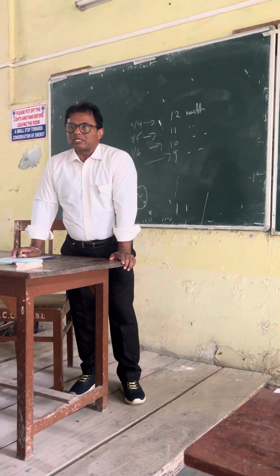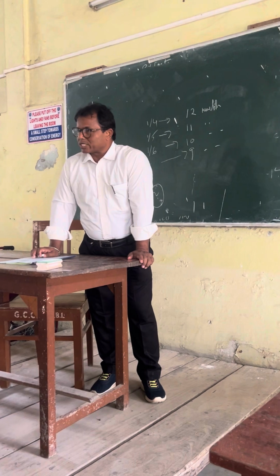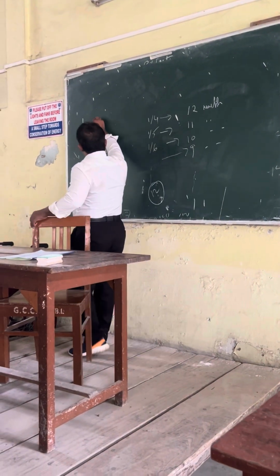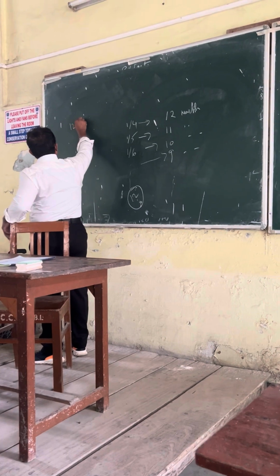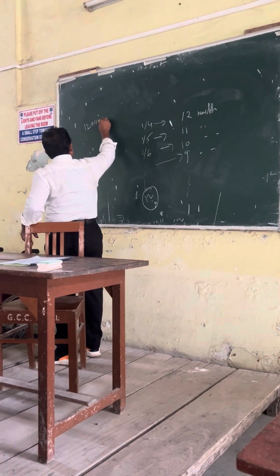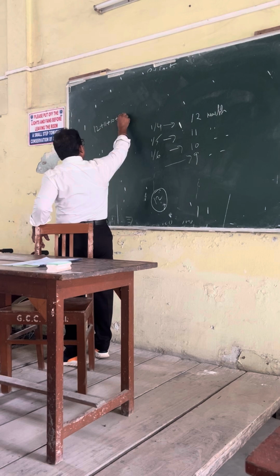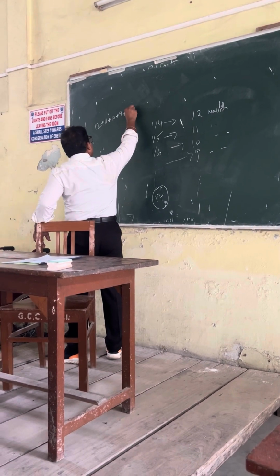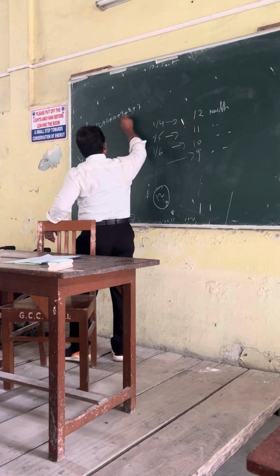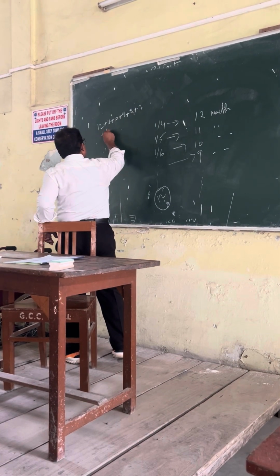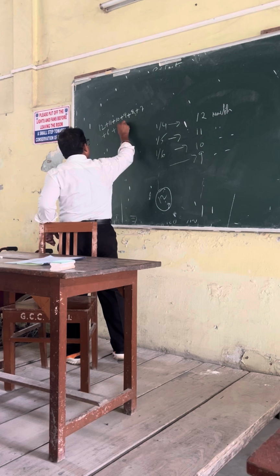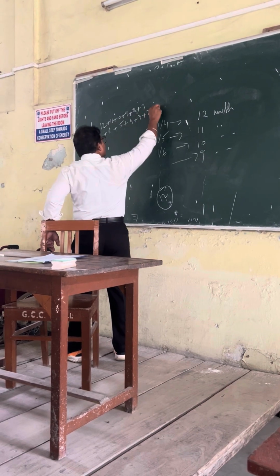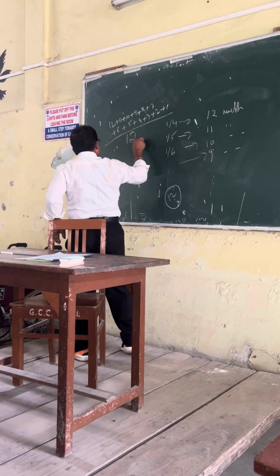But you should go for some shortcut. That shortcut I am showing here. Average: 12 plus 11 plus 10 plus 9 plus 8 plus 7 plus 6 plus 5 plus 4 plus 3 plus 2 plus 1, divided by 12.